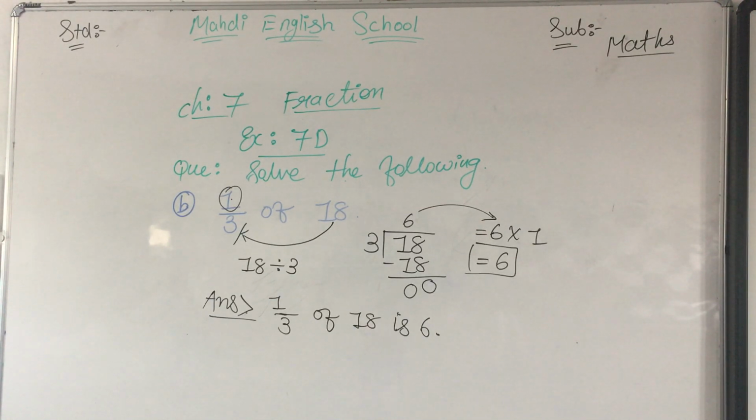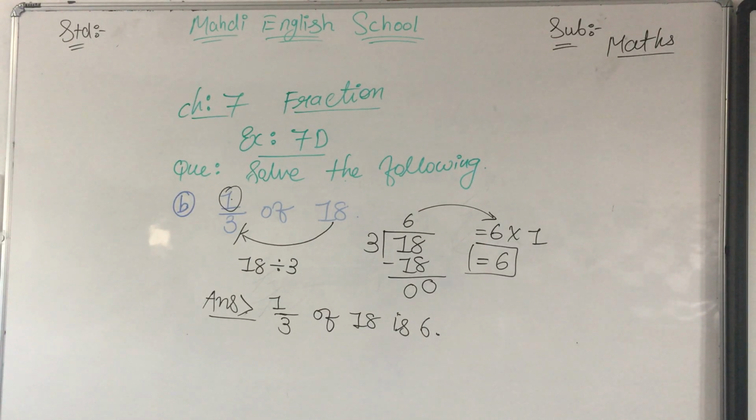Okay, 3 sixes are 18. So 6 is our quotient, 6 is our answer. Then 6 multiplied with the numerator. So 6 ones are 6. Got my points, all dear?